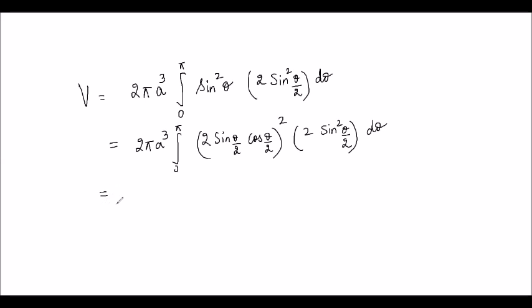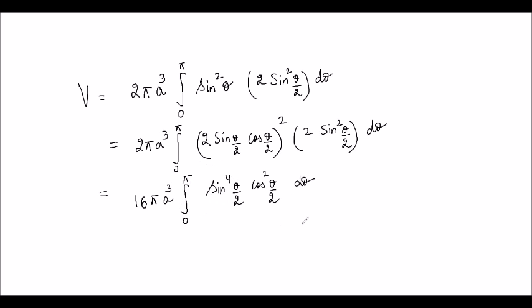So it will be 16 pi a cube, the integral with limit 0 to pi of sine theta by 2 raised to power 4 and cos theta by 2 raised to power 2.